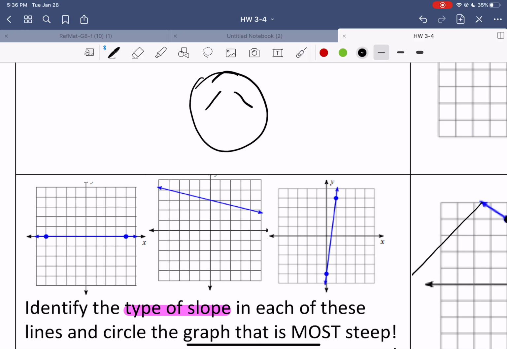So I'm going to draw some eyebrows. So this would be puff positive. This would be nice negative. I'm going to give him a nose, and that straight up and down is undefined. And then straight lines like this are 0. So that U equals undefined, and the 0 stands for 0.